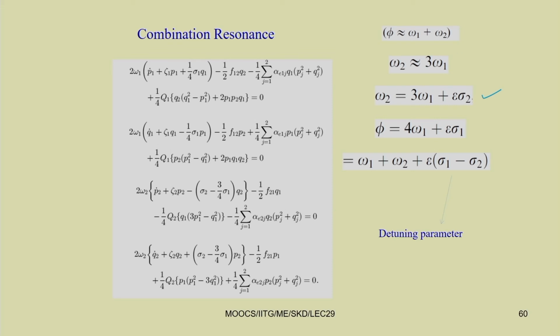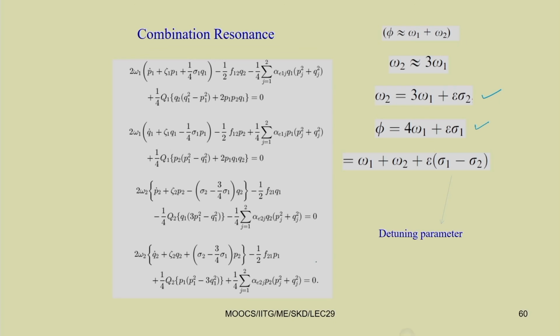So this is nearly omega 2 equal to 3 times omega 1. That is why phi equals 4 omega 1 plus epsilon sigma 1. Either you can write phi equal to 4 omega 1 plus epsilon sigma 1, or you can write it as omega 1 plus omega 2 plus epsilon sigma 1 minus sigma 2. So, these are the detuning parameters.